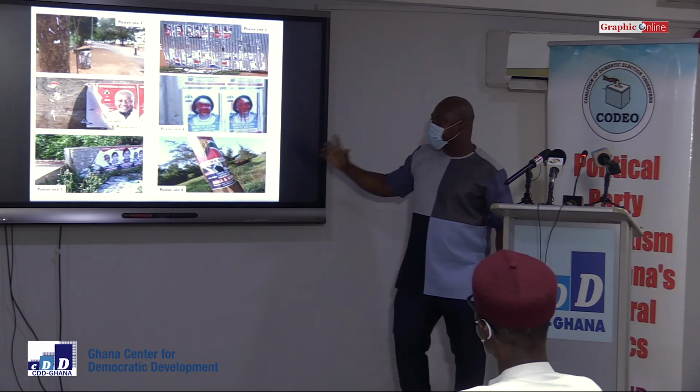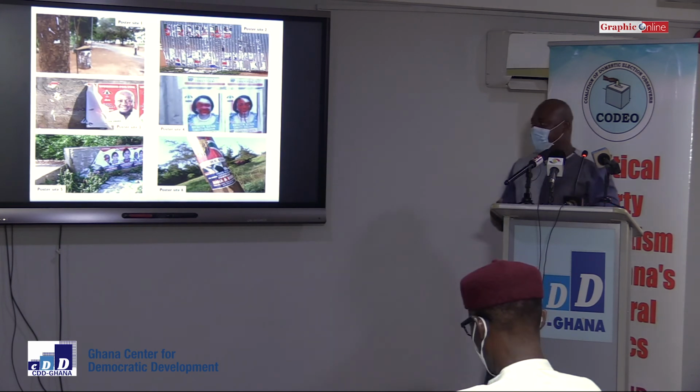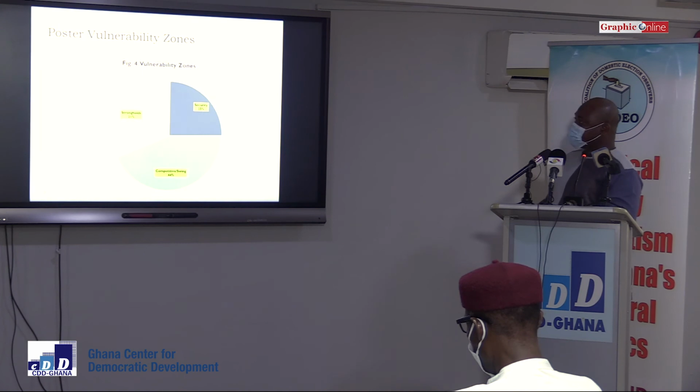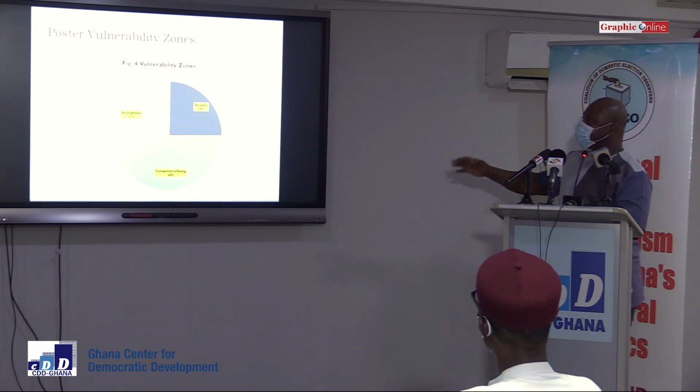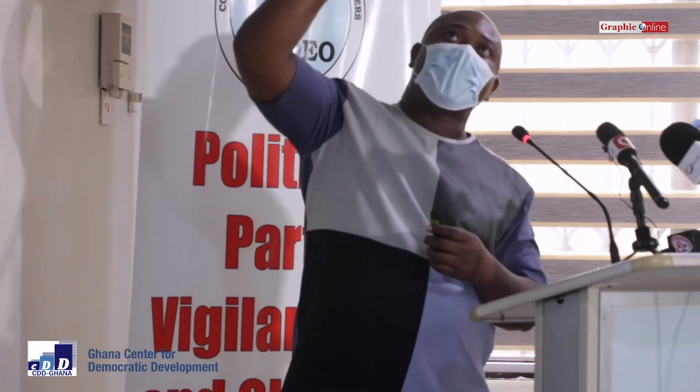If you go to those areas and you see these things, that gives you an indication of what is happening in those constituencies. They might not trigger violence immediately, and that is why we are saying some of the minor incidents can trigger moderate incidents, and from there you have major incidents happening. So the focus should not only be on the major incidents, but we have to look at the minor incidents as well.